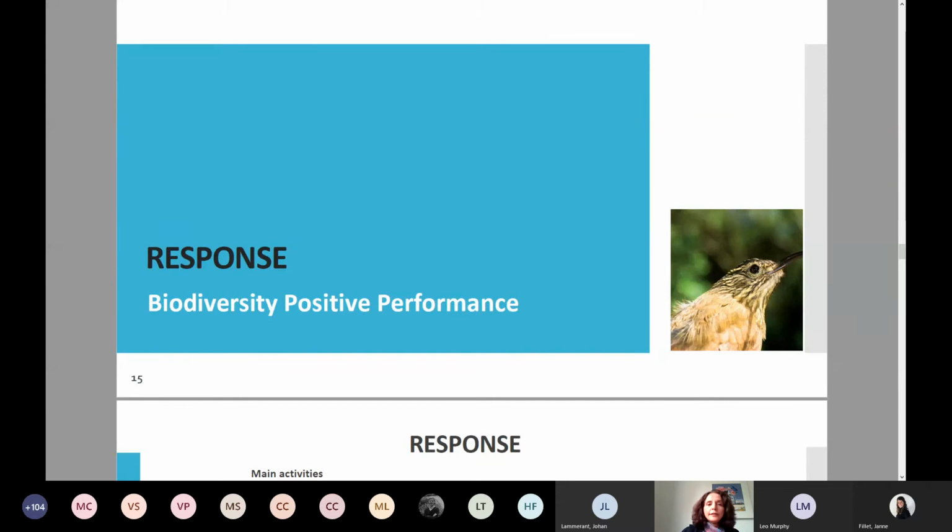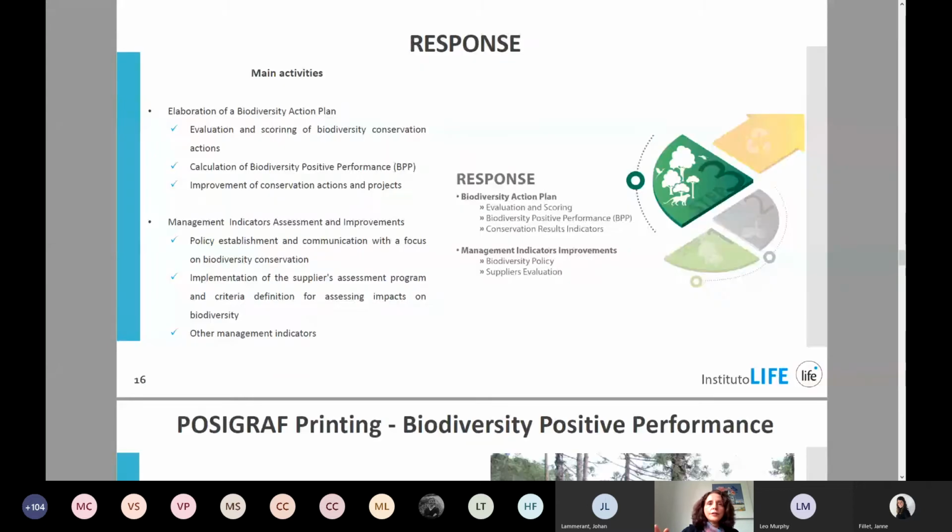So once we did the first diagnosis, we understood the picture, we calculated the impacts, we understood the dependencies. Now we require response from the organization. What's your positive response? We've done all this. What are you going to do pragmatically, concretely?